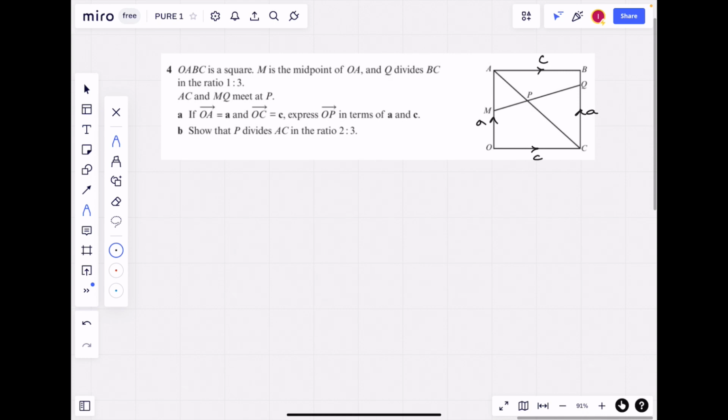Cool. Express OP. Right. OA is just A. OM, therefore, will be a half of A, because they've told us in the question, M is the midpoint of OA. Cool.